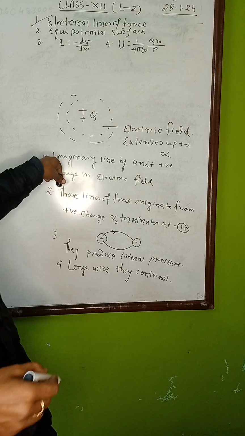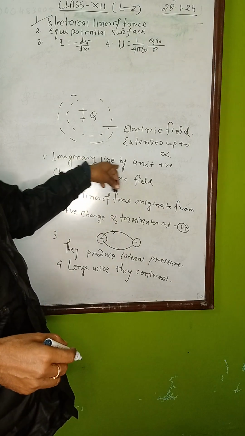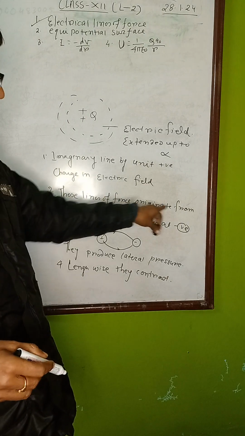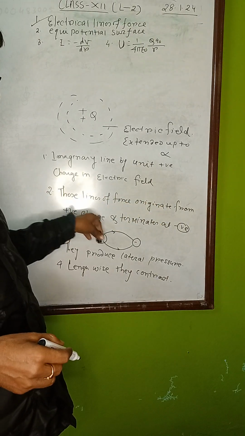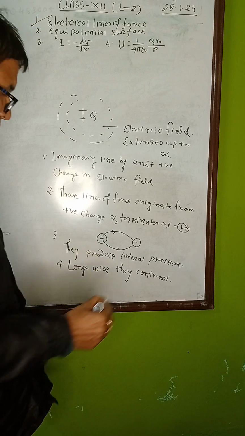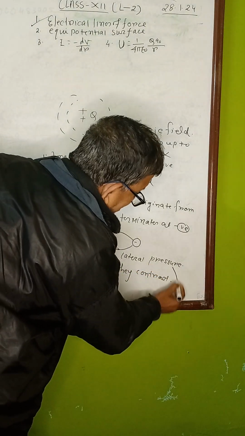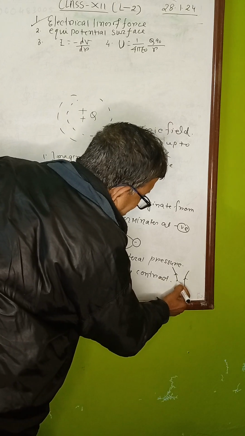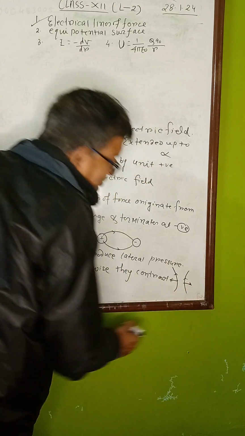Okay, imaginary line by unit positive charge in electric field. These lines of force originate from positive charge, terminate at negative, like this. They produce lateral pressure like this. It is lines of force, another lines of force. So lateral pressure is produced like this.